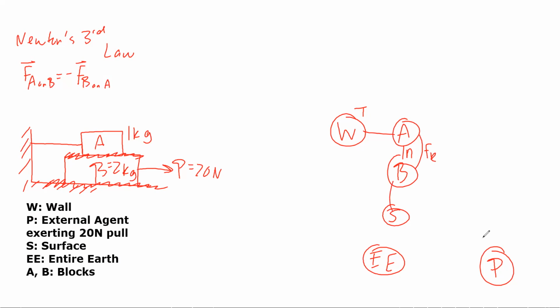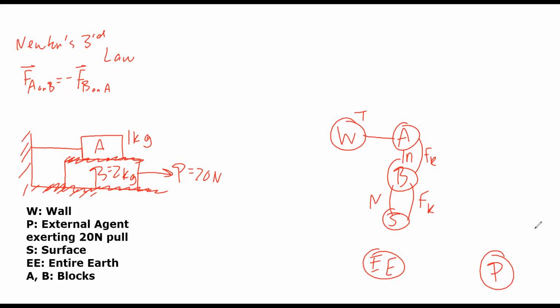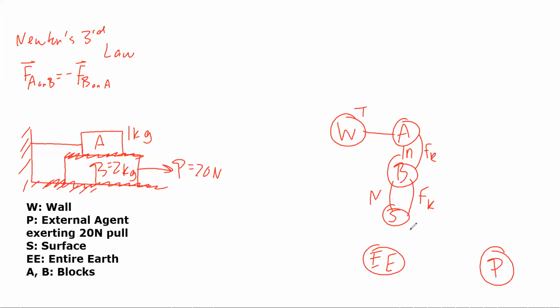Block B and the surface have the same thing, a normal force and a friction force. Okay, what do these lines represent? They represent the forces between the objects. The big conceptual takeaway is that, oh, I drew the person at the wrong spot. I need to fix that.